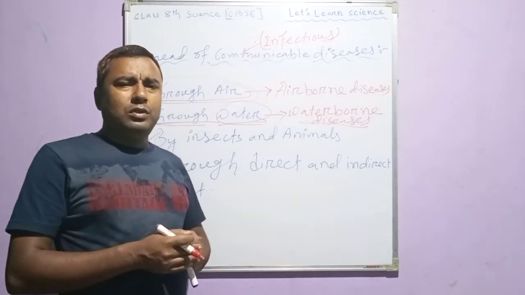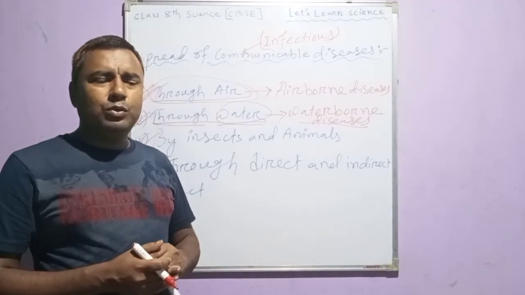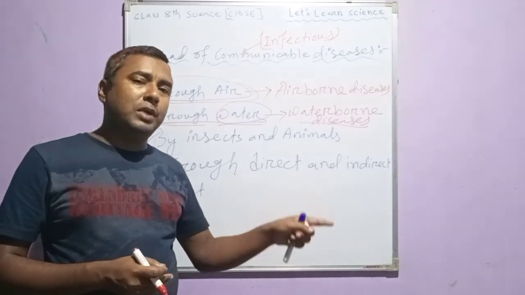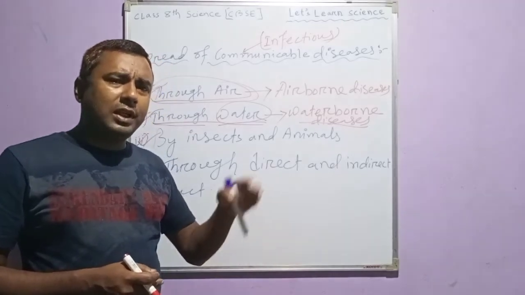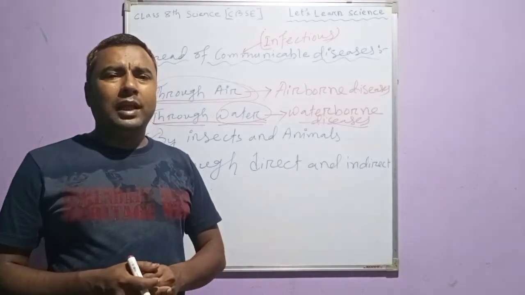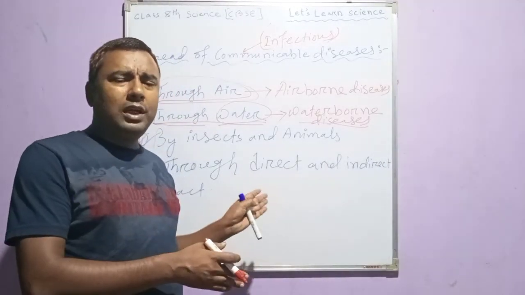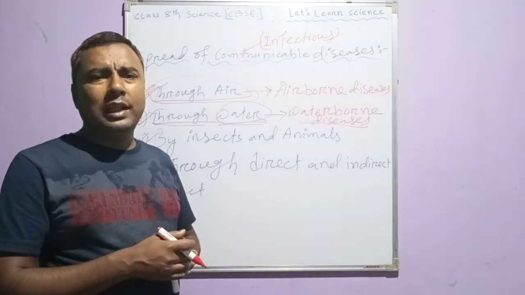If you take one example, suppose this person is suffering from malaria. One mosquito bites him. The mosquito bites the person who is suffering from malaria, and after biting that infected person, it bites another healthy person. Then the blood of the infected person will come in contact with the blood of the healthy person.